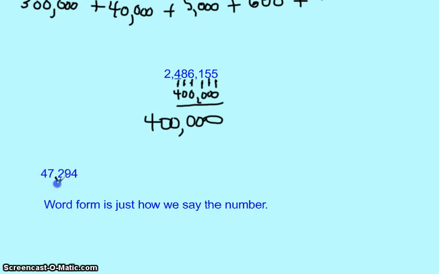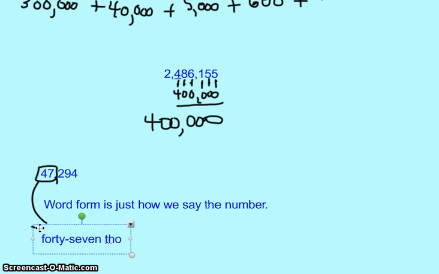The comma separates our sections. So we're looking at just this number first. We would call this 47,000. Okay, and then comma, and then this section, which is the ones, which we don't say the section after the ones, it's understood, so we would just say that as 294.